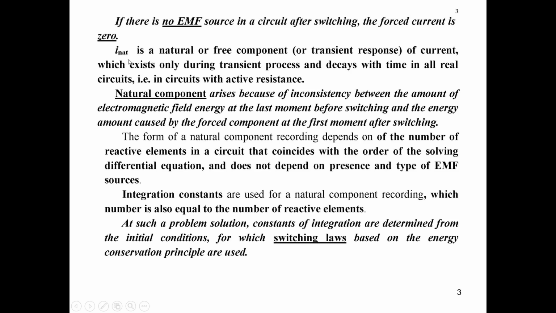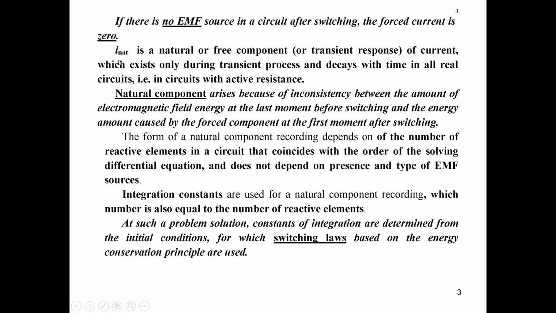And natural component, you see, we got this component for the case of zero right-hand side of the considered equation. So it's just the free component, or it is called also transient response, for instance, of current, but it may be voltage also.